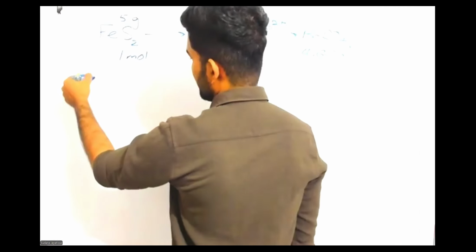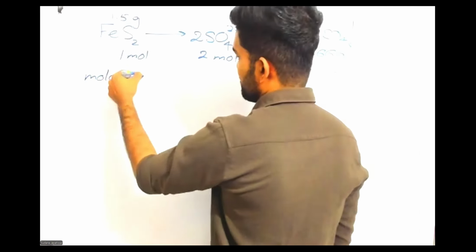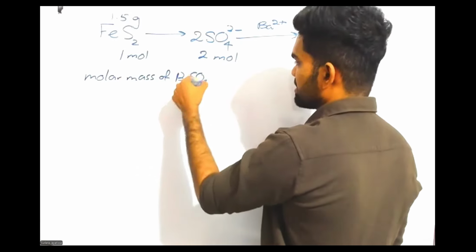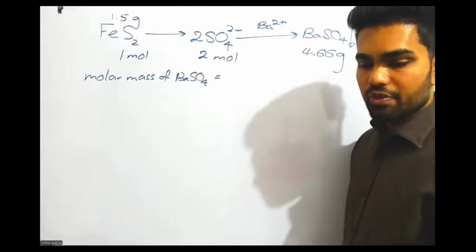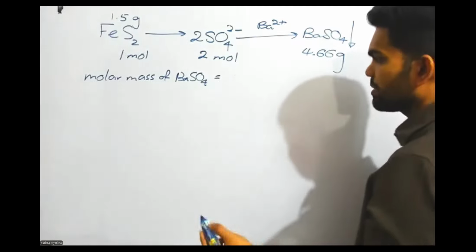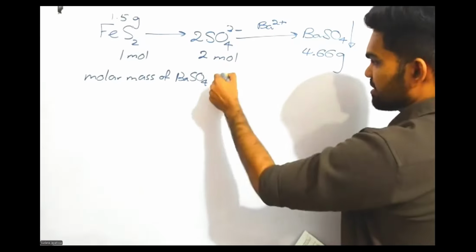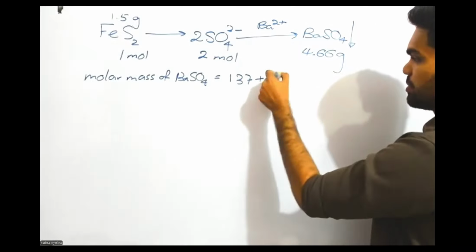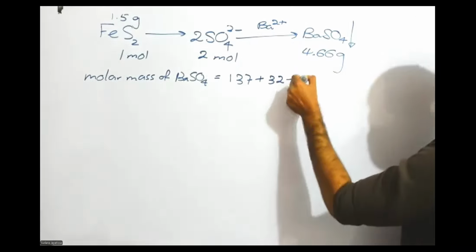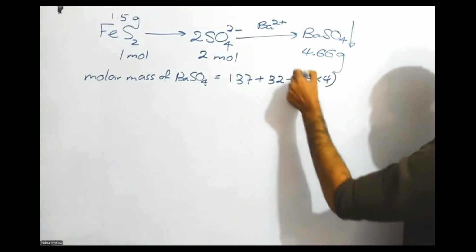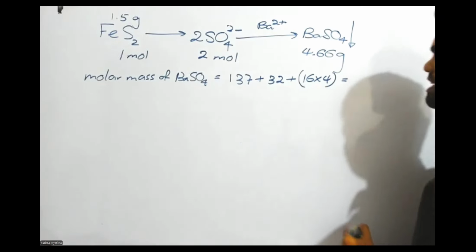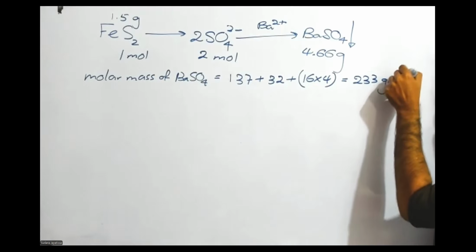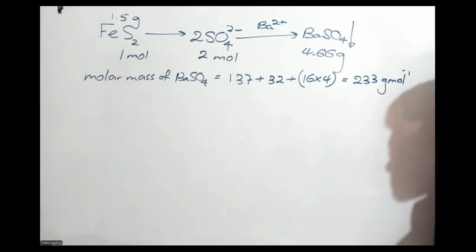First of all, find the molar mass of barium sulfate. For that you need those relative atomic masses. Barium is 137, given here, and then sulfur 32, and 4 oxygen means 16 into 4. If you add them, you will get 233 grams per mole.